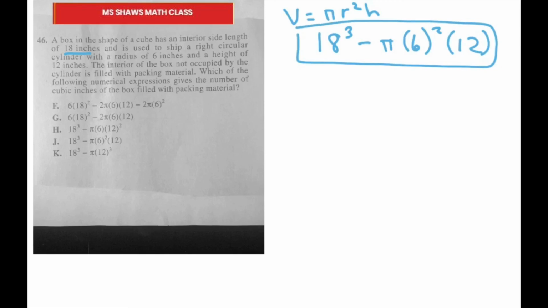And all we want to do is subtract that. So we're going to subtract pi, and our r is 6, and our h is 12. All you have to do is know the volume of a right circular cylinder and subtract it from the volume of the box. And you don't even have to work it out because it's right here. The answer is J.